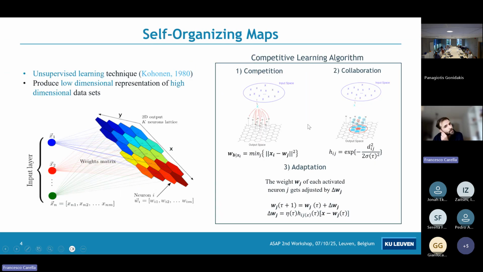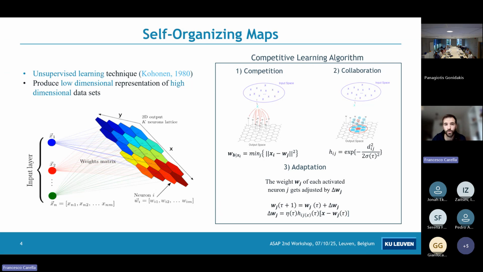Self-organizing map. What are self-organizing maps? It is a one-layer network, a 2D map, x times y. Each neuron is representative of, we can say, an average solar wind state. What we do is we have our input data, which is a 4-dimensional data point.